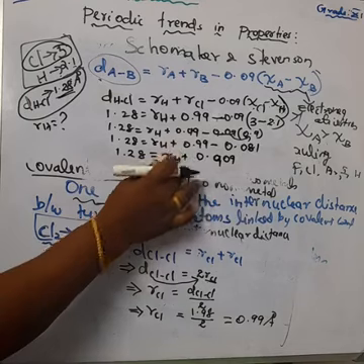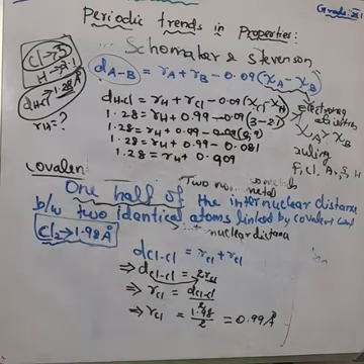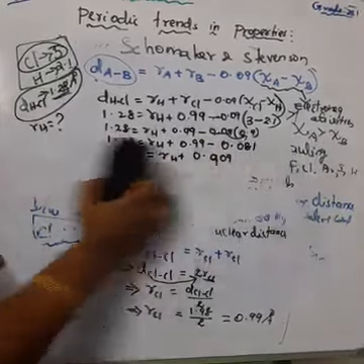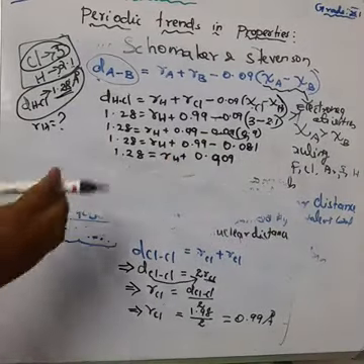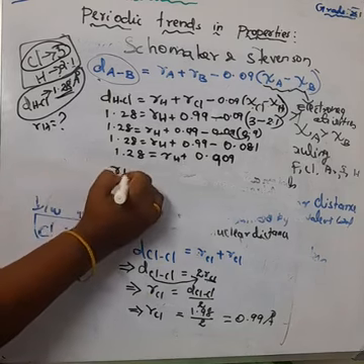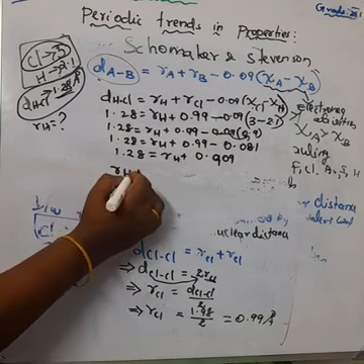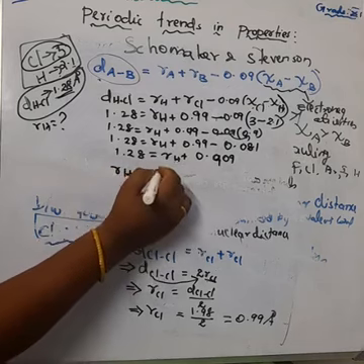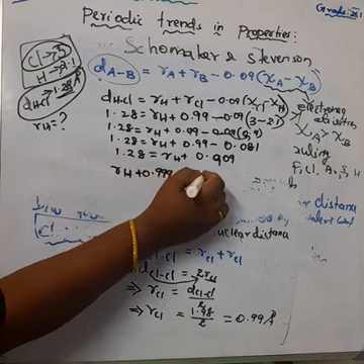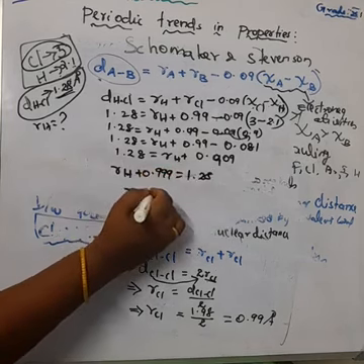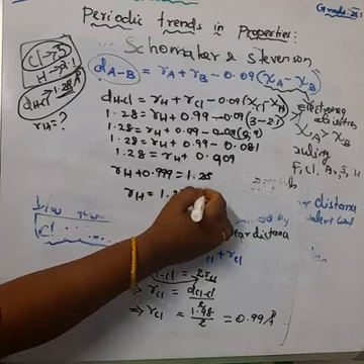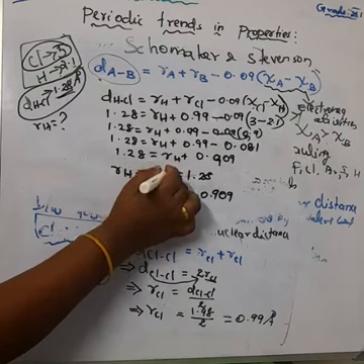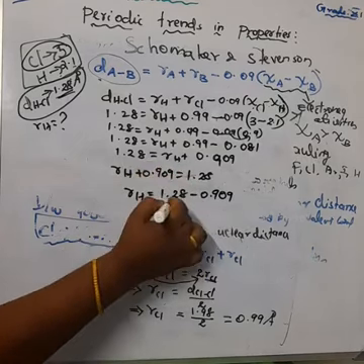What is the value we have to calculate? The covalent radius of hydrogen. So R_H is equal to 1.28 minus 0.909. When we subtract these two values, we get 0.371 Angstrom.